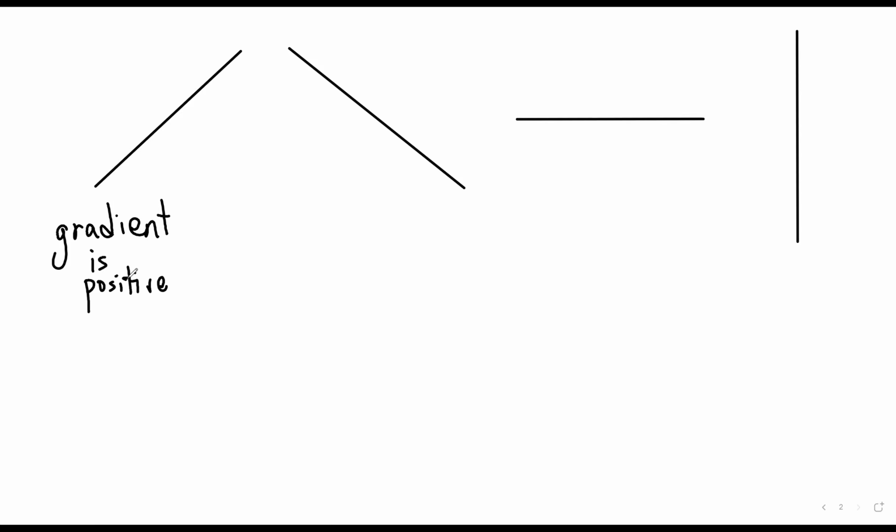So M in this case is greater than 0, right? When the line is decreasing from left to right, then the gradient is negative. So M is less than 0.